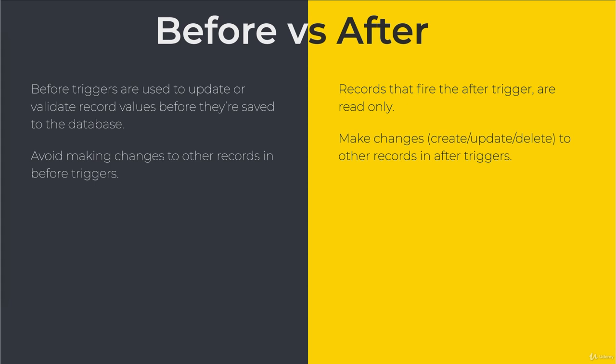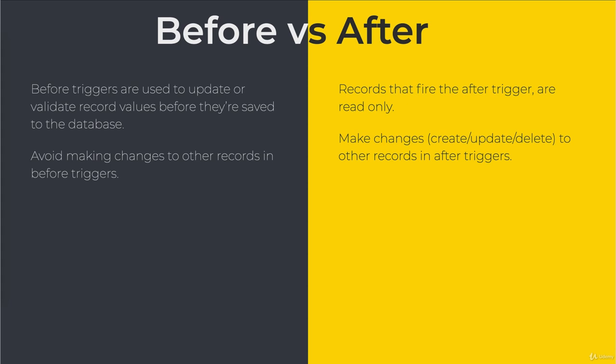But what if you want to make some changes to some related records? For example, let's say our trigger is on lead object, but we want to create a task related to a lead record. In that case, we should not write our logic inside the before trigger. Rather, we should go for an after trigger, because the after trigger only executes once your changes from before trigger are saved to the database.